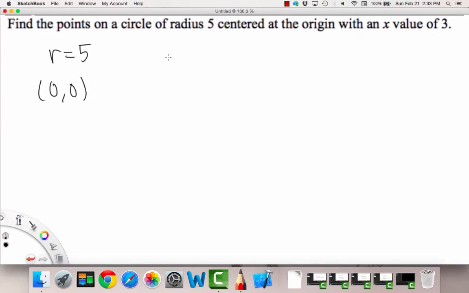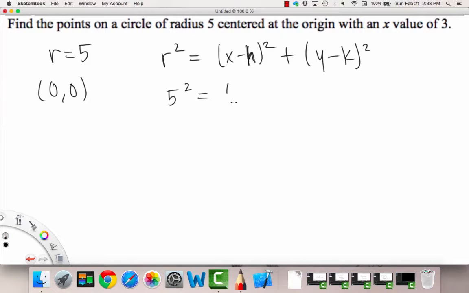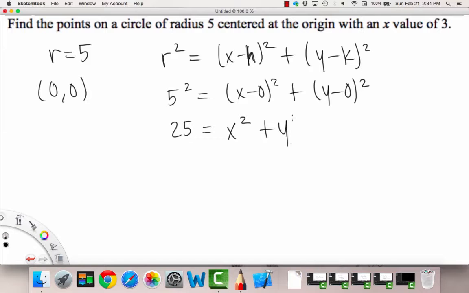So we have r squared is equal to (x minus h) squared plus (y minus k) squared. If we plug in our values, we get 5 squared is equal to (x minus 0) squared plus (y minus 0) squared. Then we simplify and say 25 is equal to x squared plus y squared.